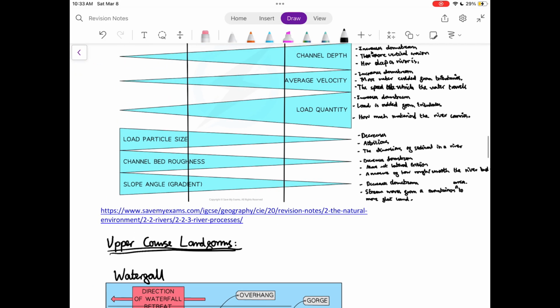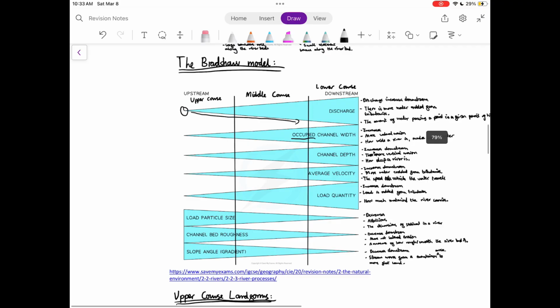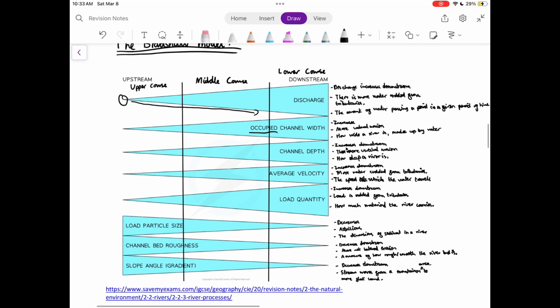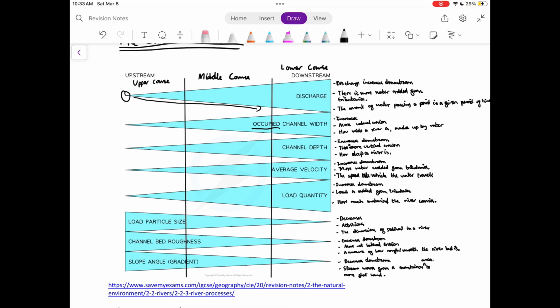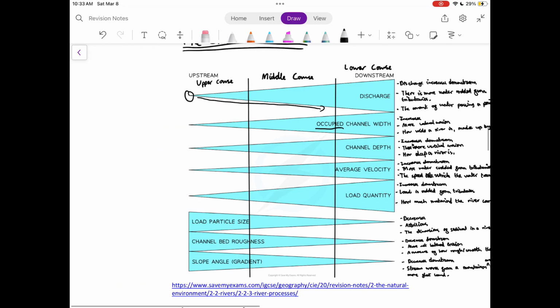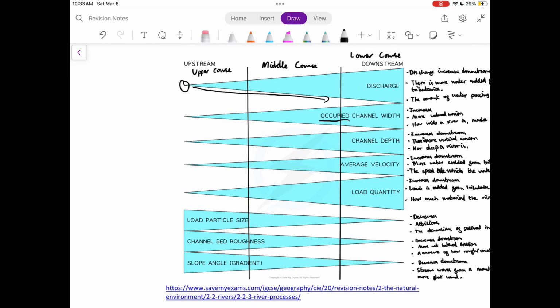Okay, so that is all you need to know for the Bradshaw model. It looks like quite a lot, but you can tell the trend first of all by looking at the model, and you just need to be able to explain why that happens. So what you need to know is the upper course, the middle course, and the lower course and those characteristics. And you can derive that from the Bradshaw model.